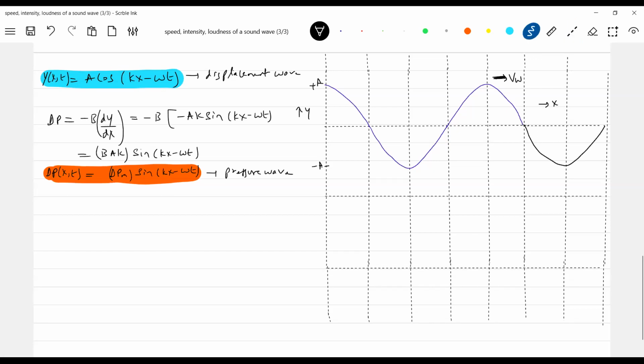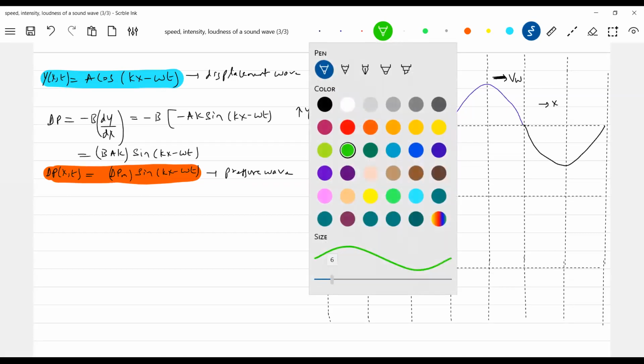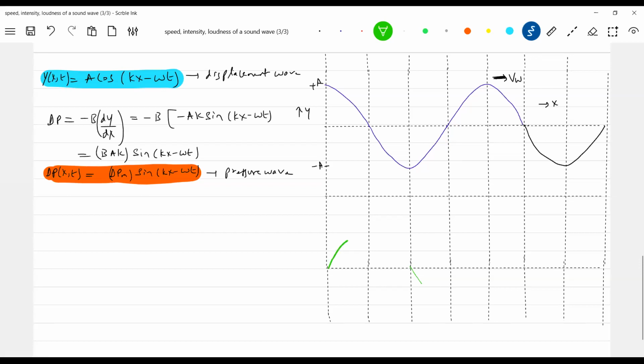Look at this one. So it's a sine graph, no? It's a sine graph. I'll make it a little bit thick. What is this?